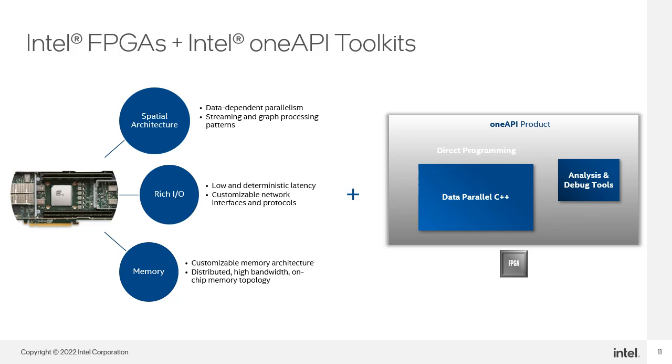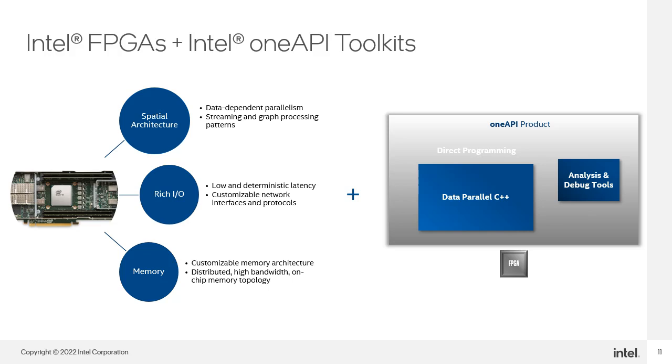FPGAs are great for data-dependent parallelism workloads where spatial architecture and pipelining is the key differentiator from other architectures. FPGAs have programmable low-latency IOs for accelerator-to-accelerator and accelerator-to-host communication.